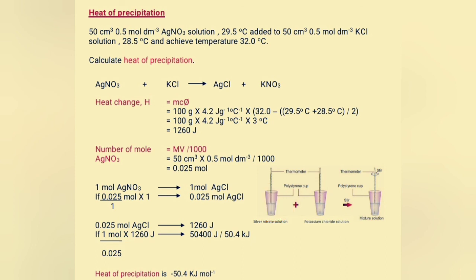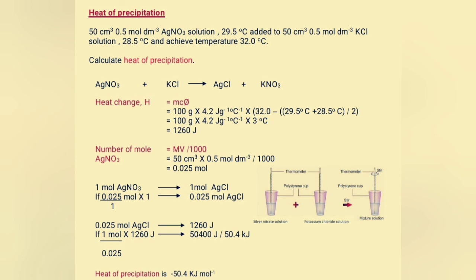So we need to make a proportion between the number of moles of silver chloride formed and the quantity of heat released to get the quantity of heat released when 1 mole of precipitate is formed. Lastly, we get the heat of precipitation for this reaction as negative 50.4 kilojoules per mole.